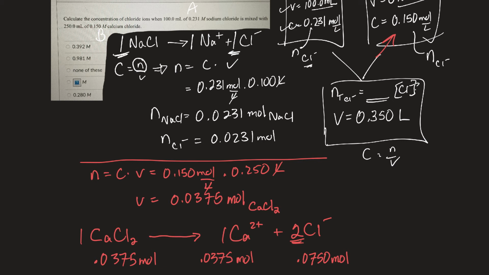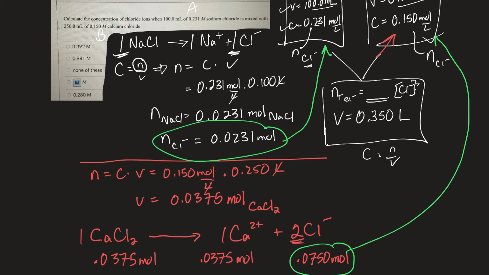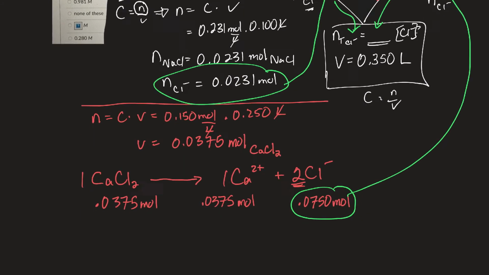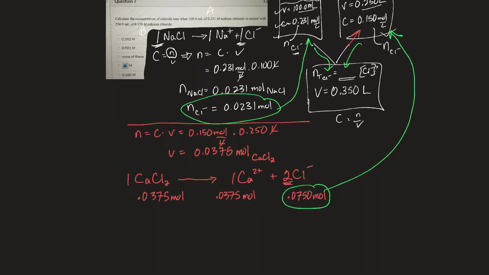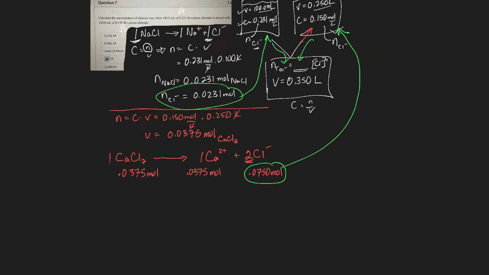Okay, and I'm not done yet. Oh, right. So this is the number of moles. I'll use green. This is the number of moles that came from A. This is the number of moles that came from B. So now I'm dumping both of those into this solution. So let me shrink this a bit. There.